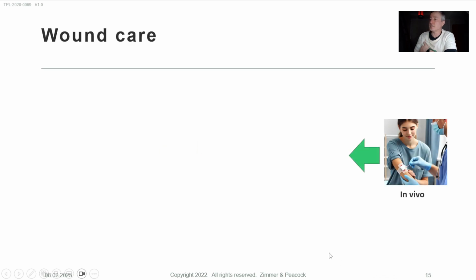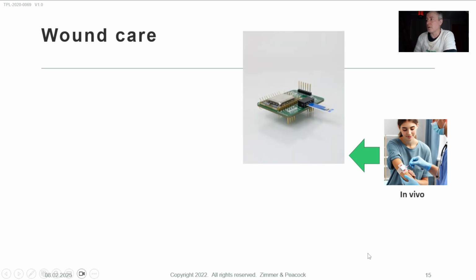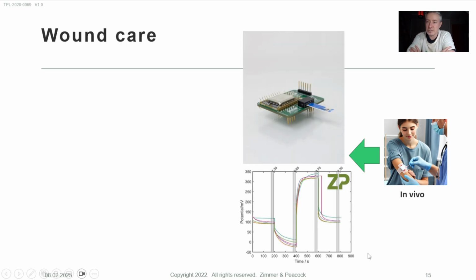And so the first thing is that your final target is in vivo, but you actually want to do in vitro to start with anyway. And so if I was going to do that in vitro experiment, the added value is to make up some synthetic wound-like material, liquid, if I can put it that way. You can set up a test like this on the ZP technology. You can put on a neutral solution.